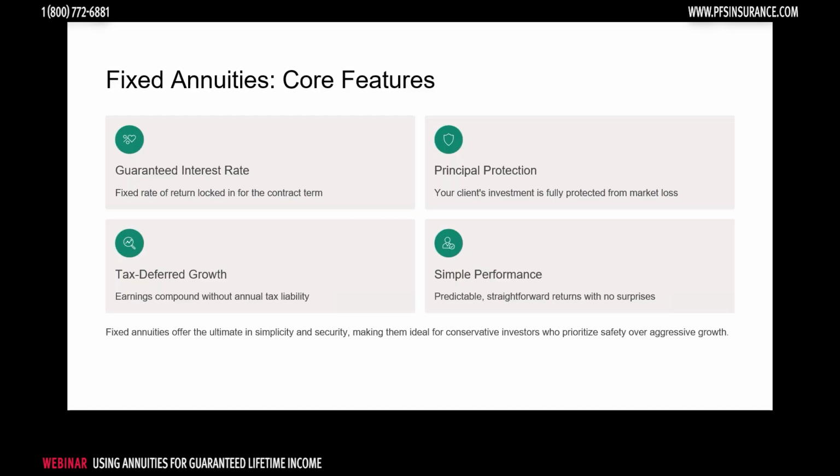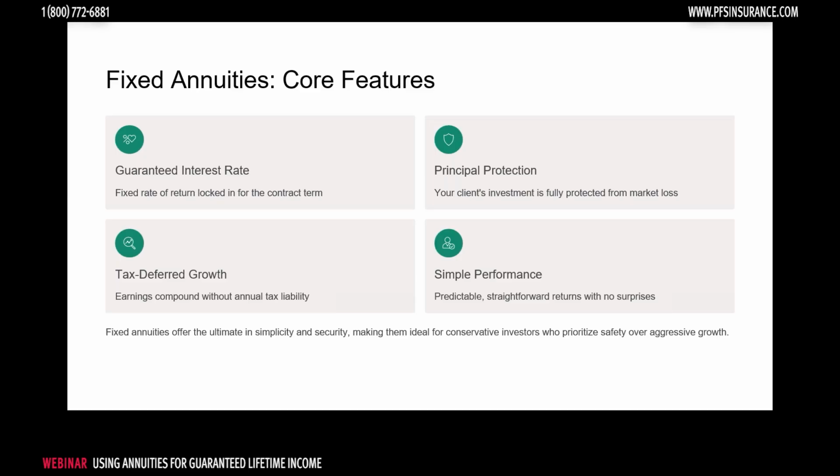Just to briefly go over some of the key features, like I said, you're going to have guaranteed interest rates, especially on the fixed, multi-year guaranteed annuities. Principal protection, which is huge. No fear of losing money because the stock market decides to take a dip. That tax deferred income, right?